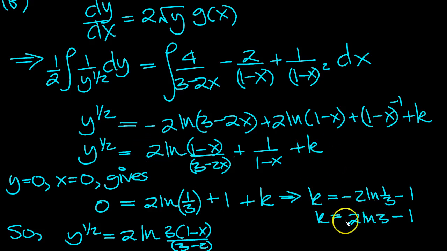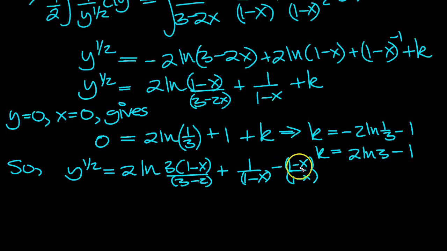We collected the 2, and then it was plus log 3 times this log. So it's just 3 times in the log when you add the logarithms. Plus this, 1 over 1 minus x, and then minus 1, which is basically minus 1 minus x over 1 minus x. So that's what we've got.